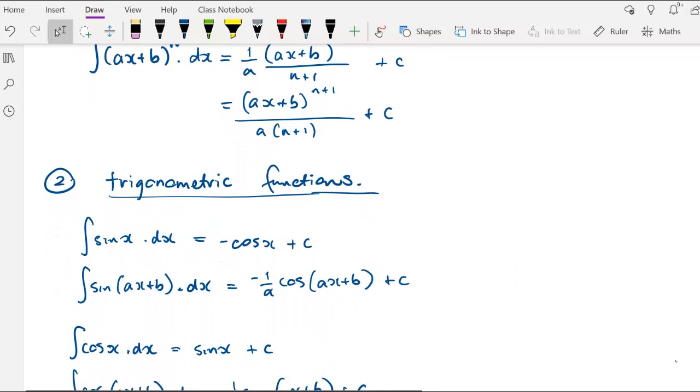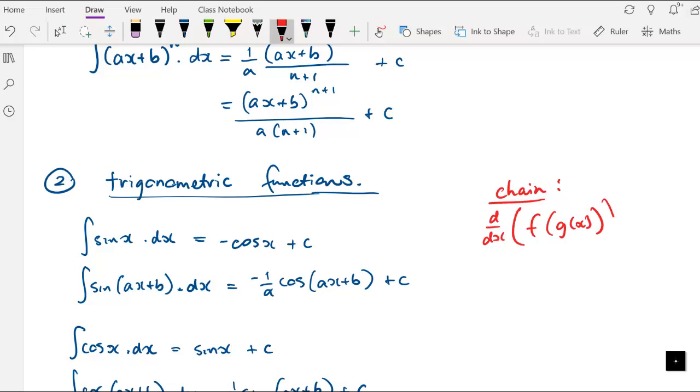So if you think of a chain rule, and we'll do this over here, the chain rule is simply if we're looking at the derivative of f of g of x, then our whole approach is that it's going to be the derivative of the internal function multiplied by the derivative of the external function while keeping the brackets the same.